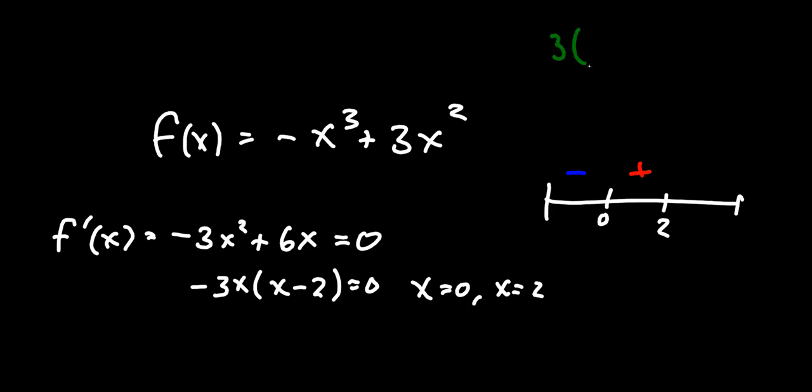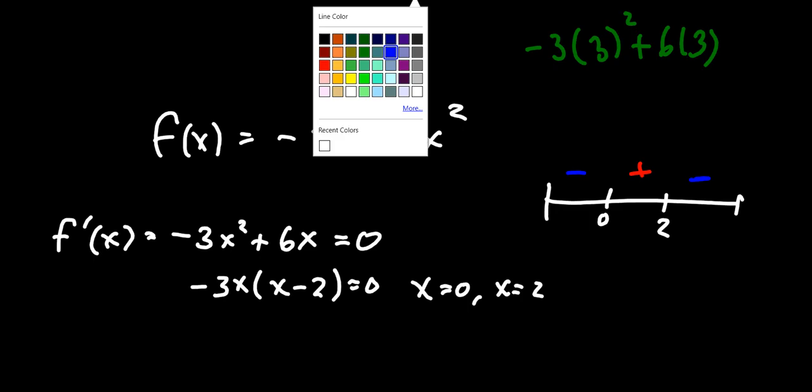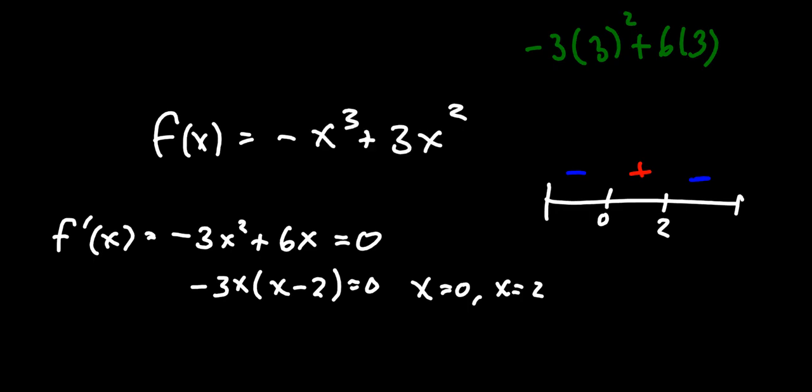Negative 3 times 3 squared plus 6 times 3. This is going to be a negative number. And remember that we have negative infinity and infinity that we're going to go off to. So this is the intervals of increasing and decreasing.